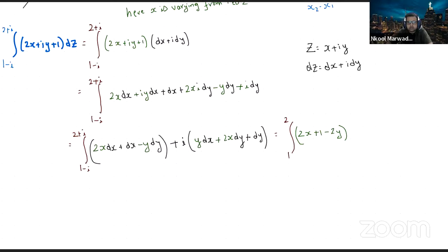Because here in the real part I have dy, I will convert it into dy is equal to 2 dx. So dx I can take outside. Similarly, iota. Here I have dy at 2 places, so it will become something like this. y will be as it is. It will be 4x plus 2. Outside I will get dx.